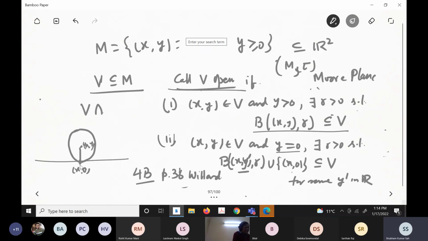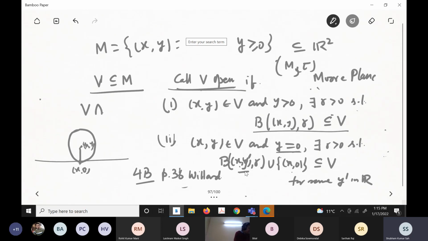That I have taken. I don't know much of school geometry, but this is the x coordinate x0, so this will also be the x coordinate. That's the way the disc is coming. Okay, you go with that. That's why I've taken this x and y prime, but this y coordinate will be different because here I am saying y equal to 0. I have to use a different notation.